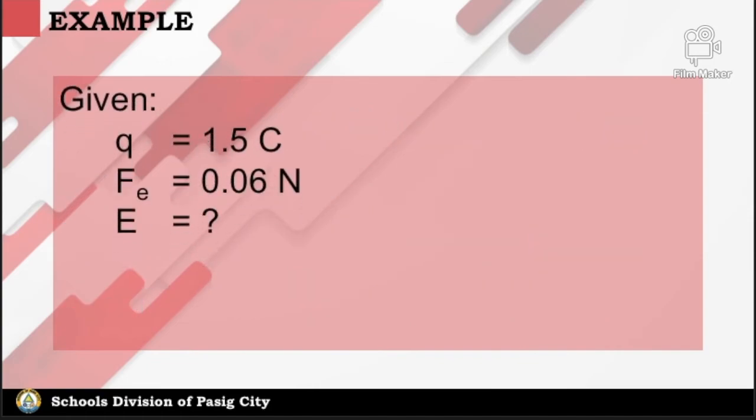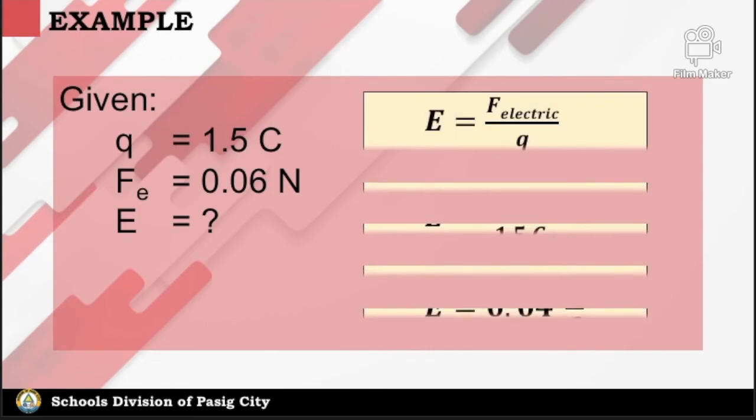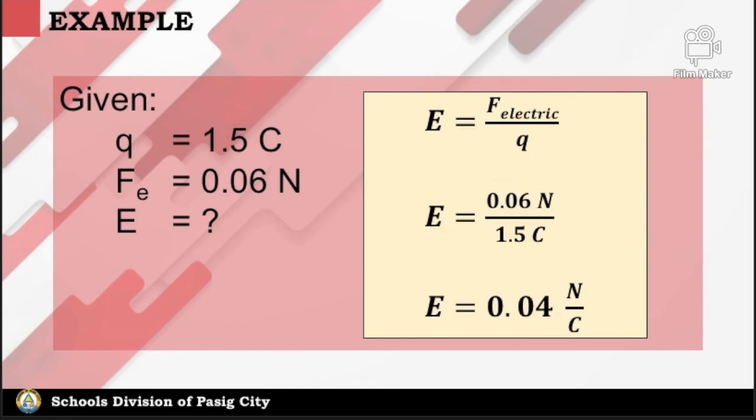Given the charge which is equal to 1.5 coulomb and the force which is 0.06 Newton, what is the electric field? Using the equation, electric field is equal to electric force over charge. We substitute the value of charge and the force. Then we get the answer, electric field is equal to 0.04 Newton per Coulomb.